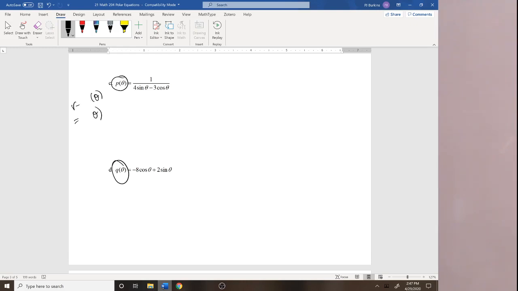Okay, so r, I guess I should just say, is some function of theta, just like y is a function of x. So the very first thing we should do here is say r equals this.